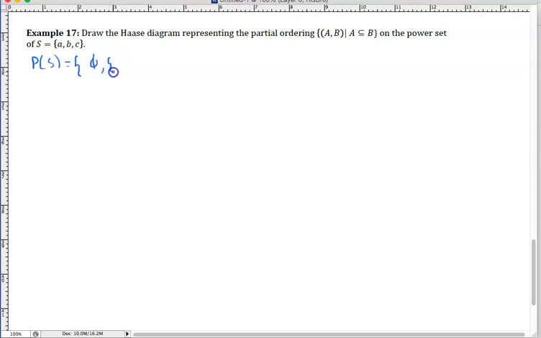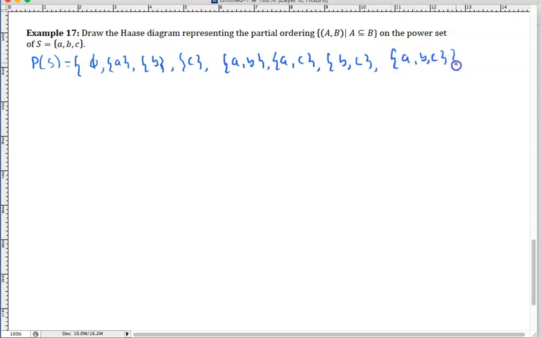So I have the null set, I have all the single ones, and I have the double ones, AB and AC and BC, and then I have ABC. Okay, so we're going to put our vertices with sort of the simplest one at the bottom, and then the single ones.